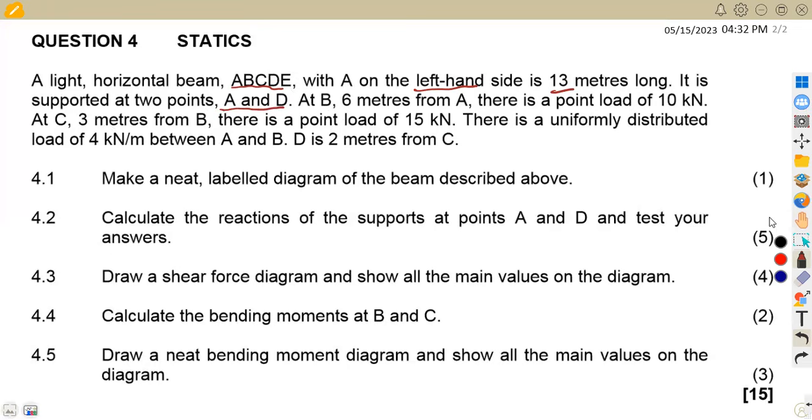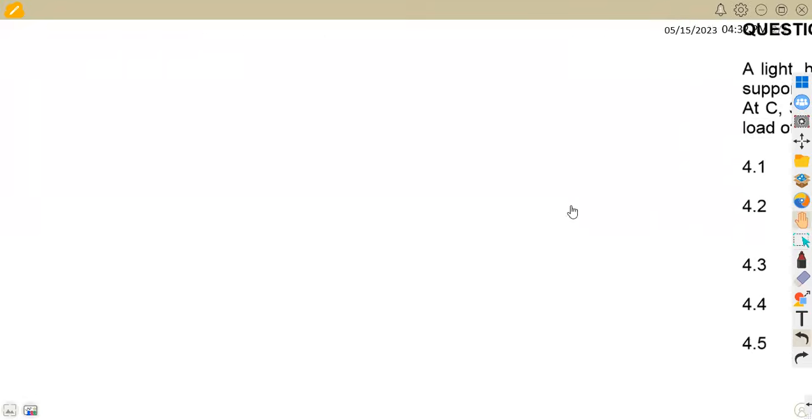Let's save this information so that we can have our sketch. This is the first part. You're going to sketch this. You're given A and D as our supports, and the other important thing is that A is direct on the left-hand side.